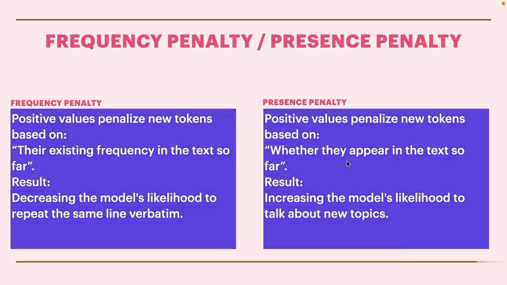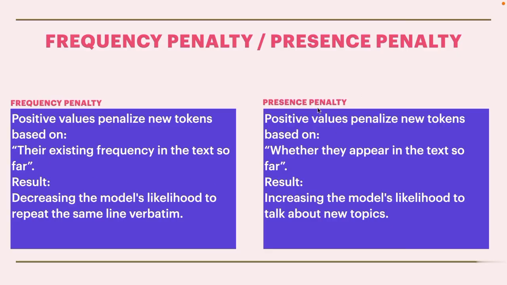So if a certain token appears at the beginning of the prompt response, then regardless of how many times it's appeared so far, you will apply a fixed penalty to that token, and that penalty is calculated based on the value of the presence penalty. As a result, you will increase the model's likelihood to talk about new topics.